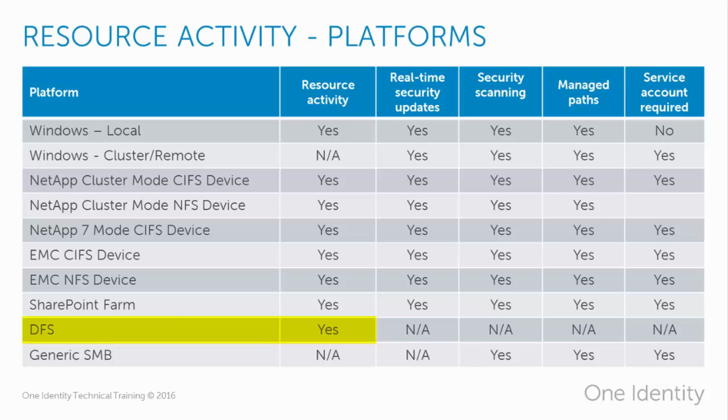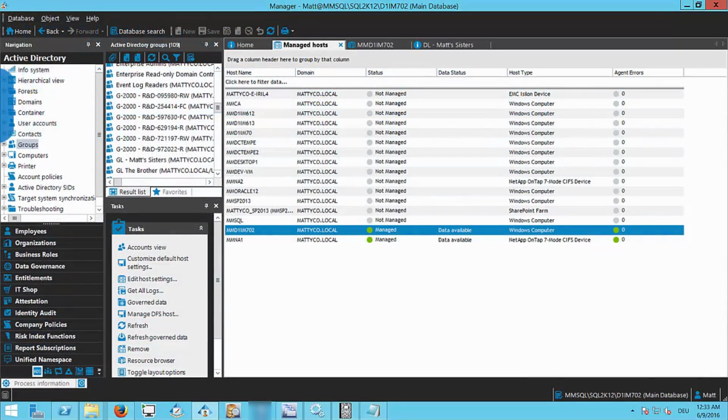If we have agents deployed to the servers that host the shares that those DFS folders represent, then if you run activity reports on DFS roots, we will cross-reference that internally with the underlying activities on the folders that host the data represented by those DFS folders. So the answer is yes, with the assumption that you have an agent on the machine where that actual physical folder exists, and then again, cross-reference in the reports.